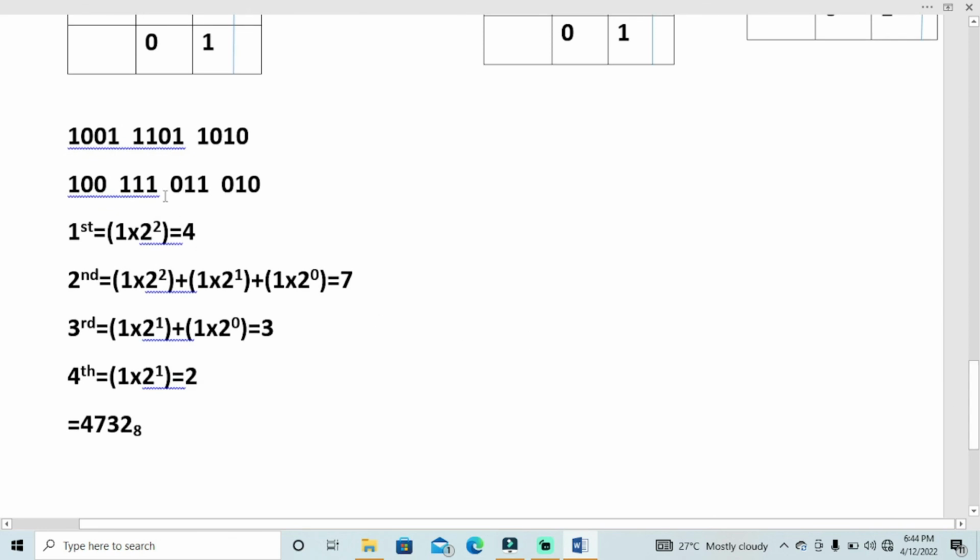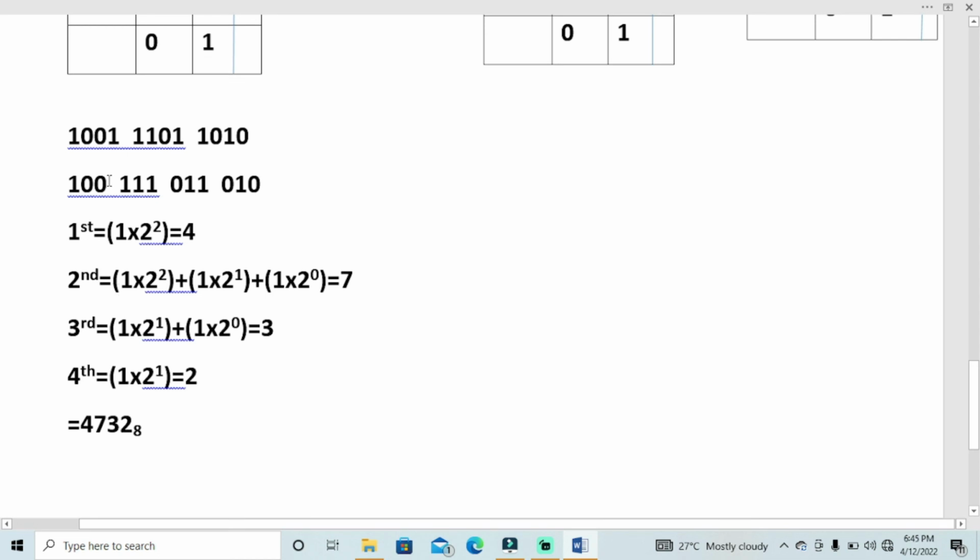So we are gonna come here and start with the first section. We are not gonna include the zeros, because any number multiplied by 0 is just 0. So we're gonna have 0 1 2, and then we'll have 1 times 2 to the power 2, which will just be 4 for the first section.